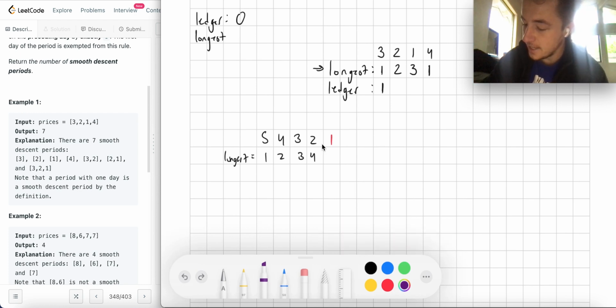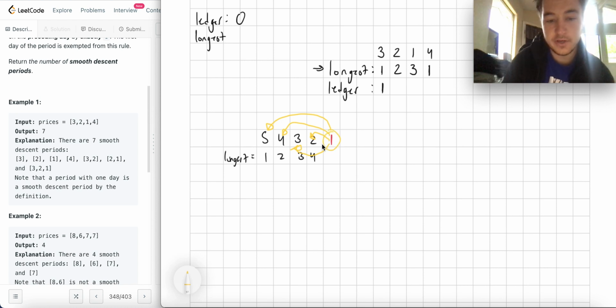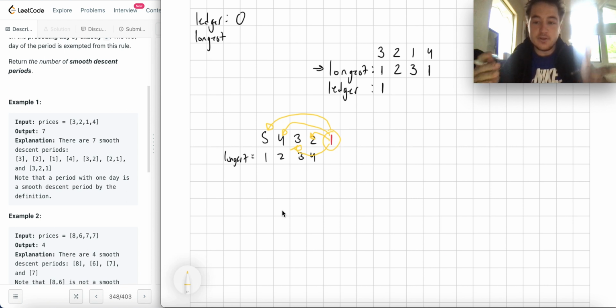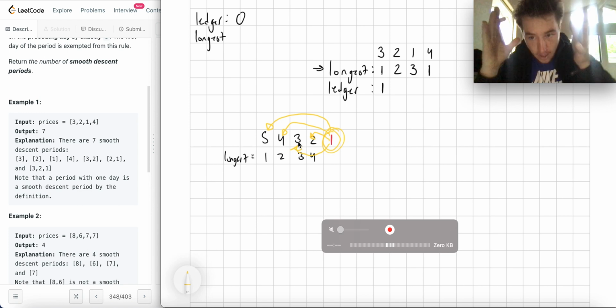You can attach 1 to it starting with 5, to a smooth descent starting with 4, to one starting with 3, to one starting with 2, and you can attach 1 to itself. So if the longest period is 4, that means there's 4 cases where you can attach 1 to each of the smooth descent periods in the longest amount.